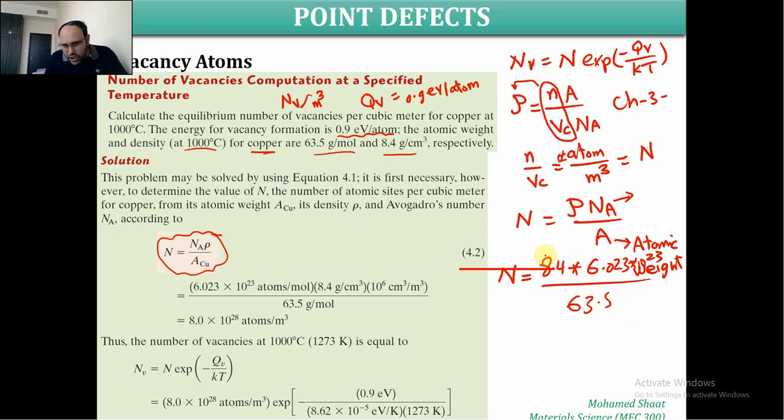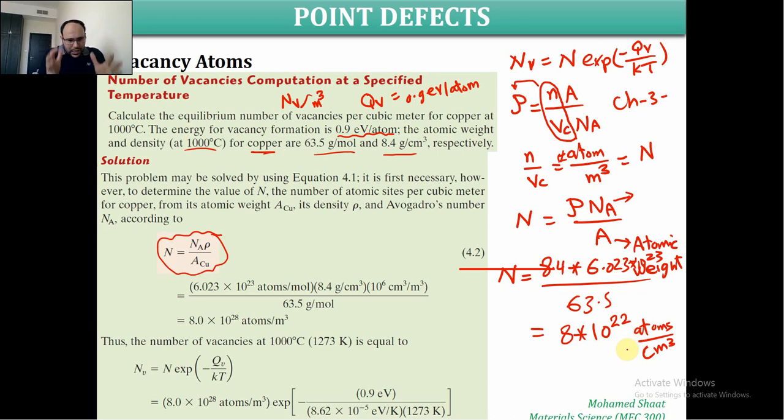If we do the calculation, this gives us a value of 8 times 10 to the power 22 atoms. Why atoms? This is how many atoms exist per centimeter cube. Substituting 8.4 grams per centimeter cube and the Avogadro's number, then dividing by 63.5, gives us 8 times 10 to the power 22 atoms per centimeter cube.